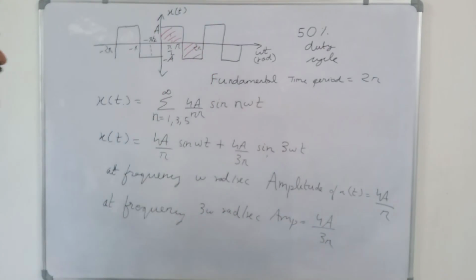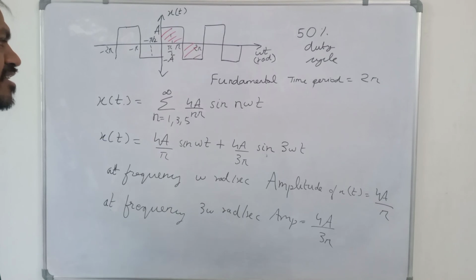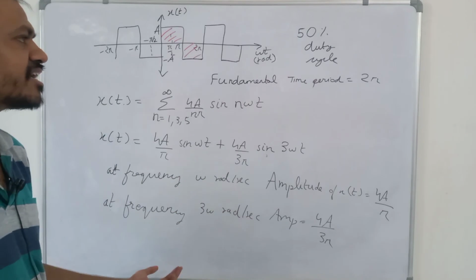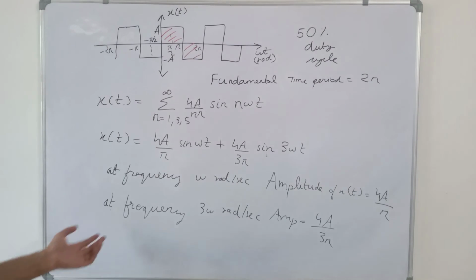So this is the physical significance of finding the trigonometric Fourier series, that the amplitude of this x of t signal will keep on decreasing as we are increasing the frequency. This is a very important concept of the Fourier series.